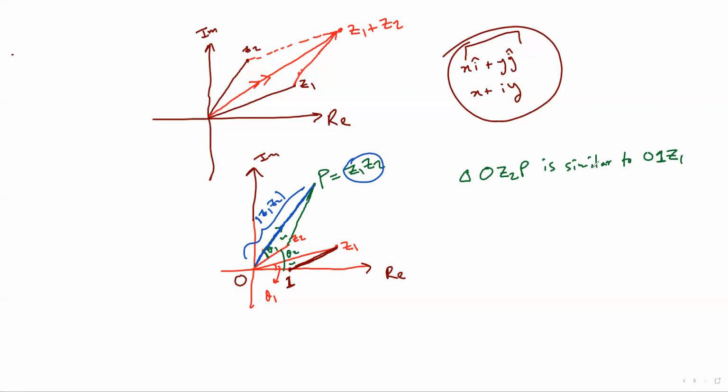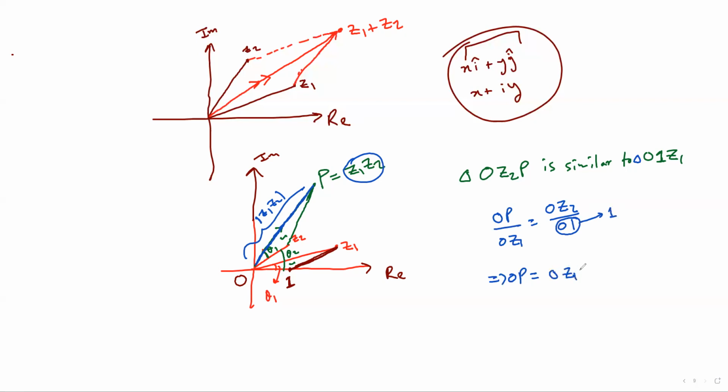Let's see how. If these triangles are similar, then we must have OP by OZ1, the ratio of the biggest lengths, equal to OZ2 by O1, the ratio of the smallest sides, right? So this means OP, the length we are concerned about, is equal to OZ1 times OZ2, since the length of this line is actually 1.